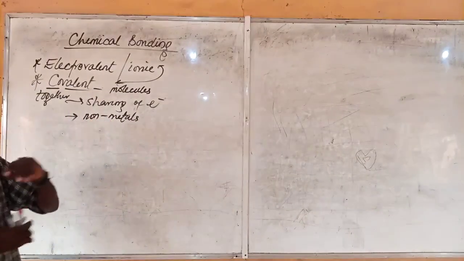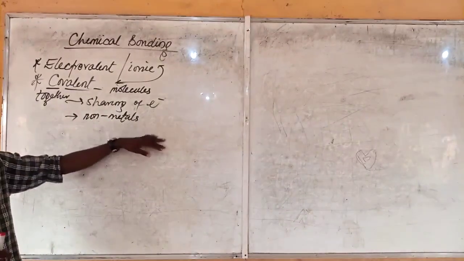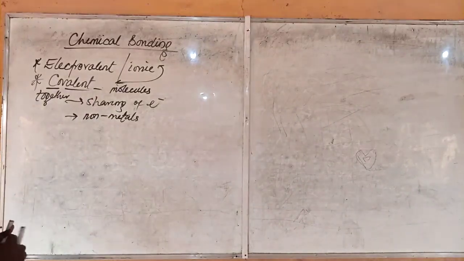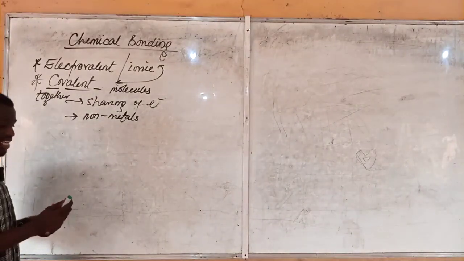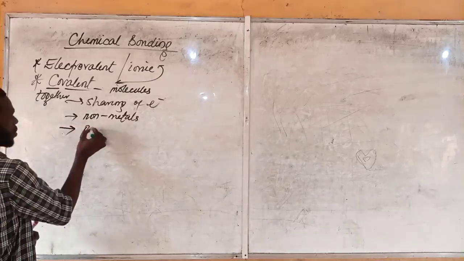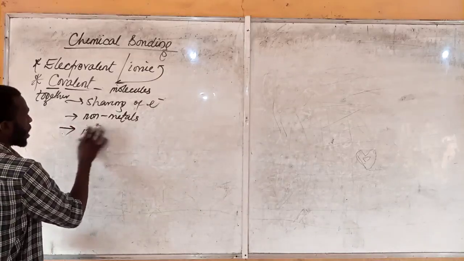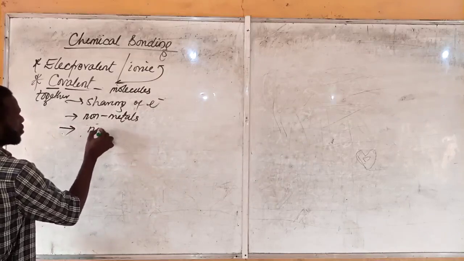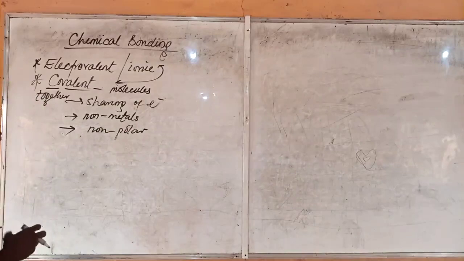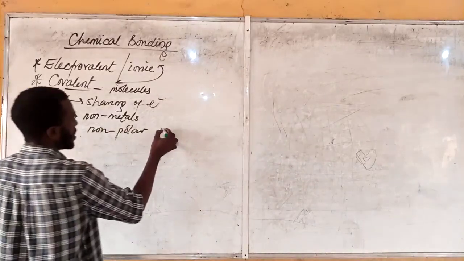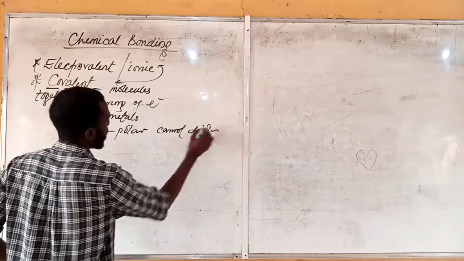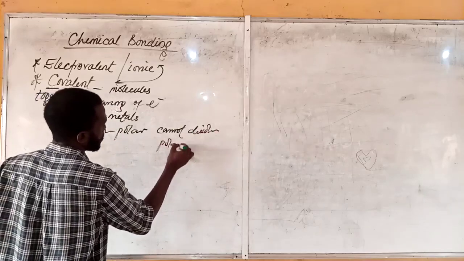Now, what does this mean? If it is between non-metals and it involves a sharing of electrons, it means that they don't ionize, isn't it? And because they don't ionize, it means they are what? Non-polar. It means they are not polarized. And because they are non-polar, it means they cannot dissolve in polar solvents.